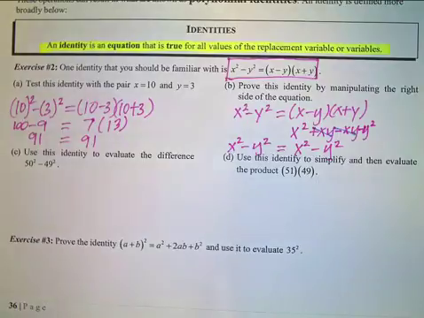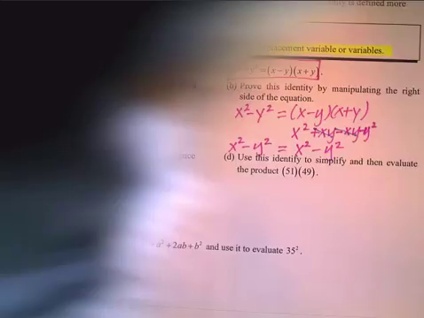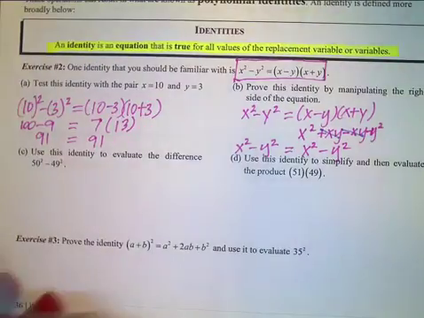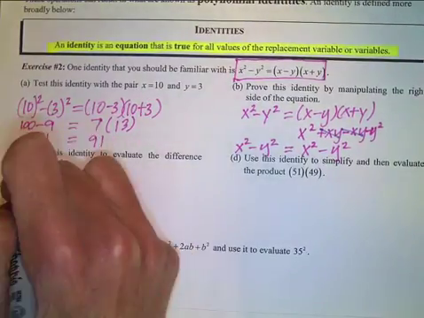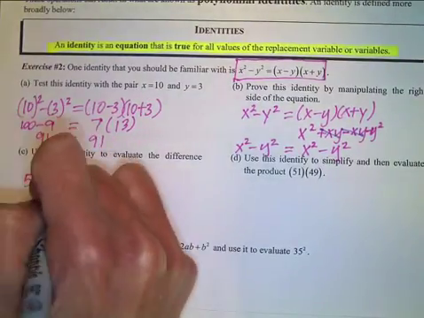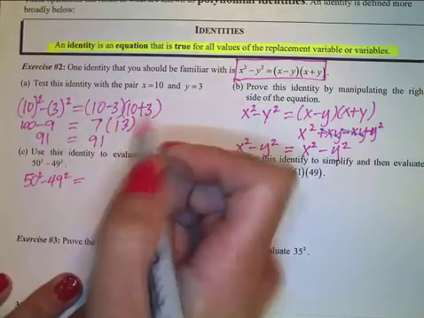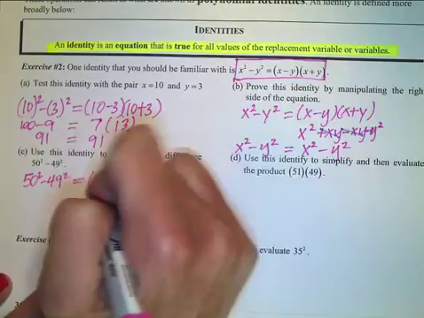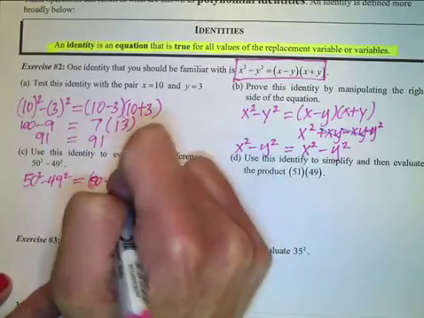Okay? So now, to make it a little bit harder, now they're telling you to use this identity to evaluate the difference. Okay? Uh-oh, here comes our friend. And there's Rosa. All right, so we're going to use this: 50 squared minus 49 squared has to equal, well, that means x is 50 and y is 49.